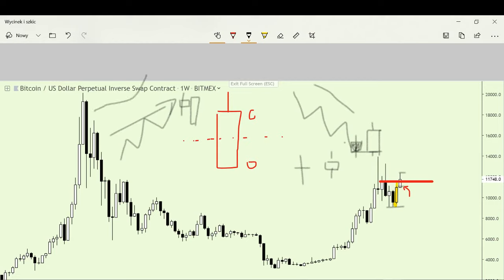Some people would call these two candles at the top of the previous cycle a bearish engulfing, and it depends.